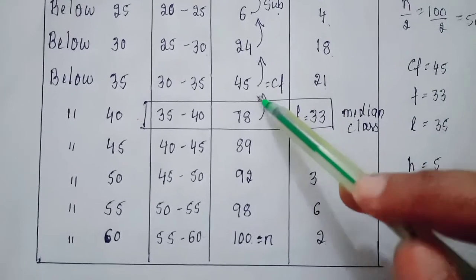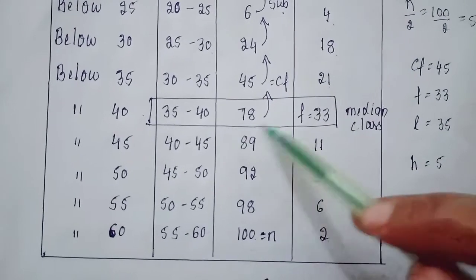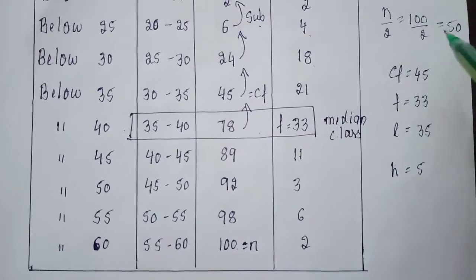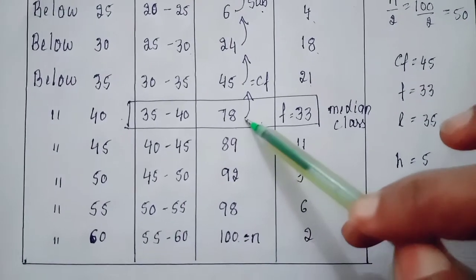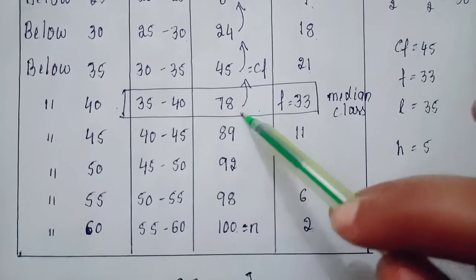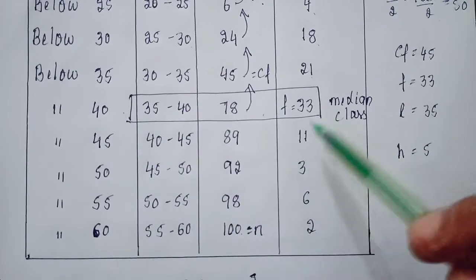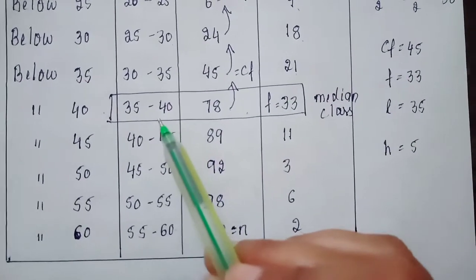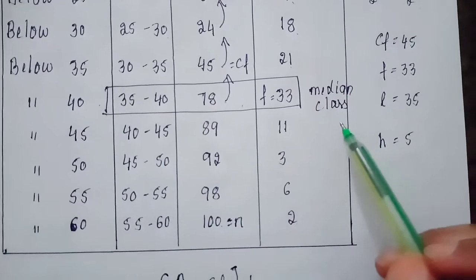And 46 to 78 in the fifth class interval. So 50 will fall here itself. Up till 45 will fall there, and after 45 till 78 will fall in this class interval. Therefore 35 to 40 becomes the median class.